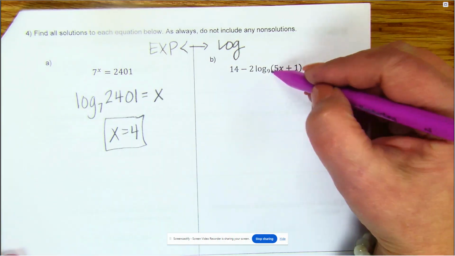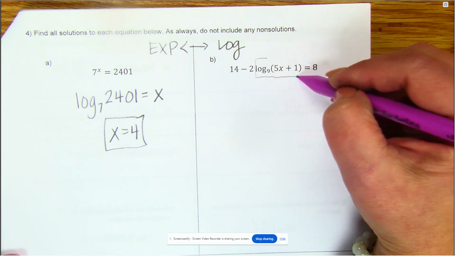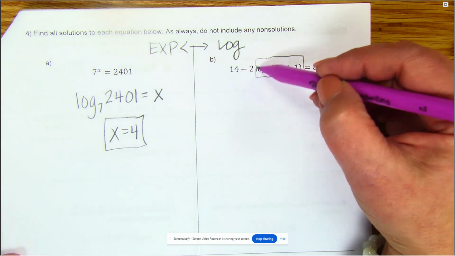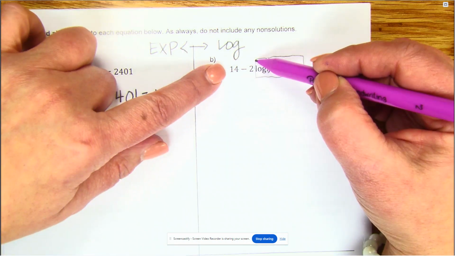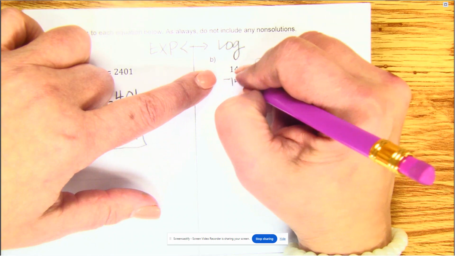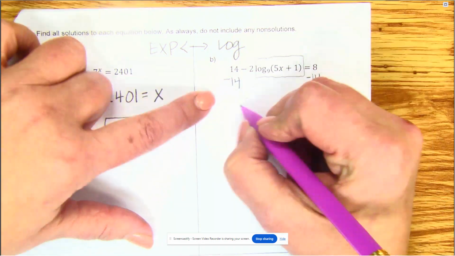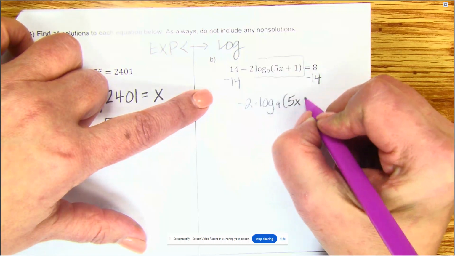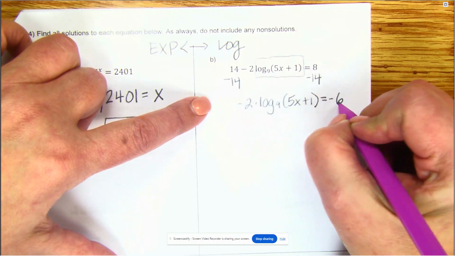Okay, this is a log. So I'm going to end up converting it to an exponential, but I need to get the log expression alone. See how it's been multiplied by -2 and 14 is being added? I'm going to subtract 14. -2 times log base 9 of 5x plus 1 equals -6.